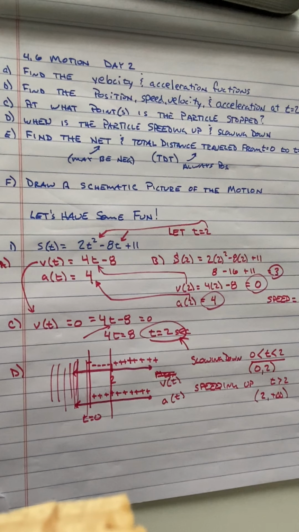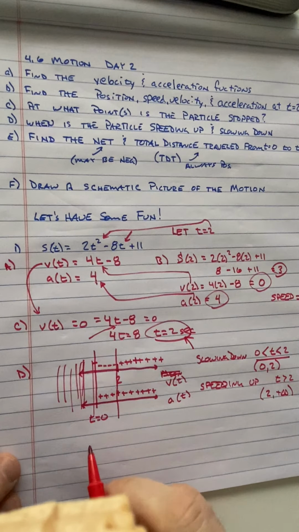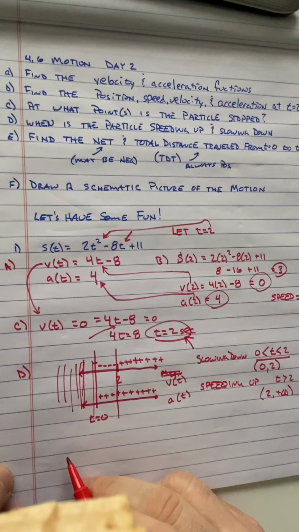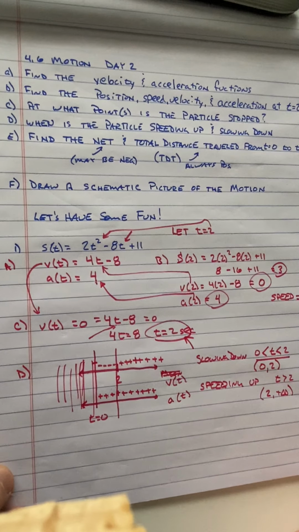Now we're supposed to find the net and total distance traveled from 0 to 5. Let's do the net distance first. The net distance is the distance between where this particle ends and where it started.